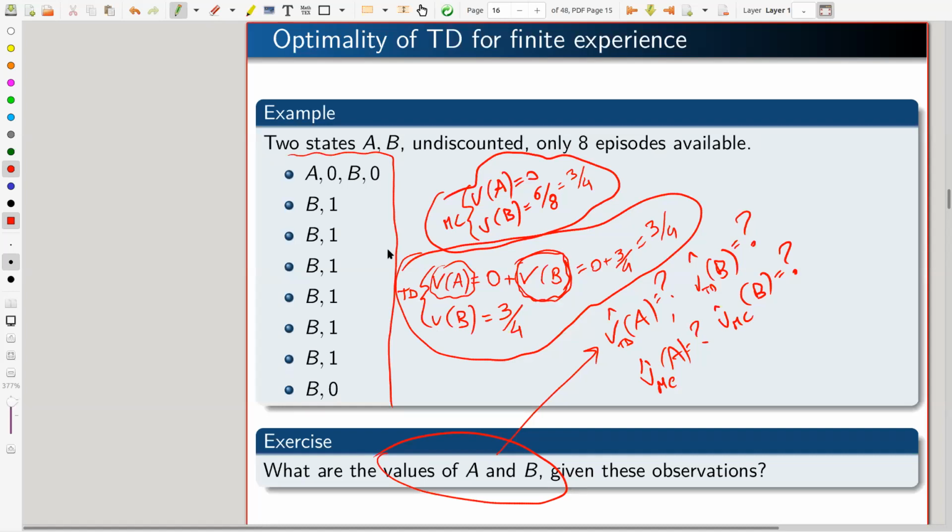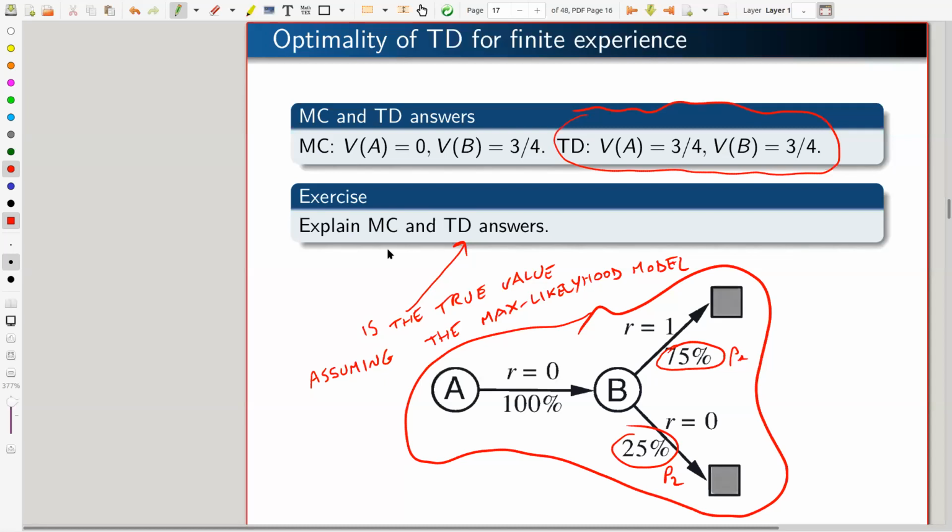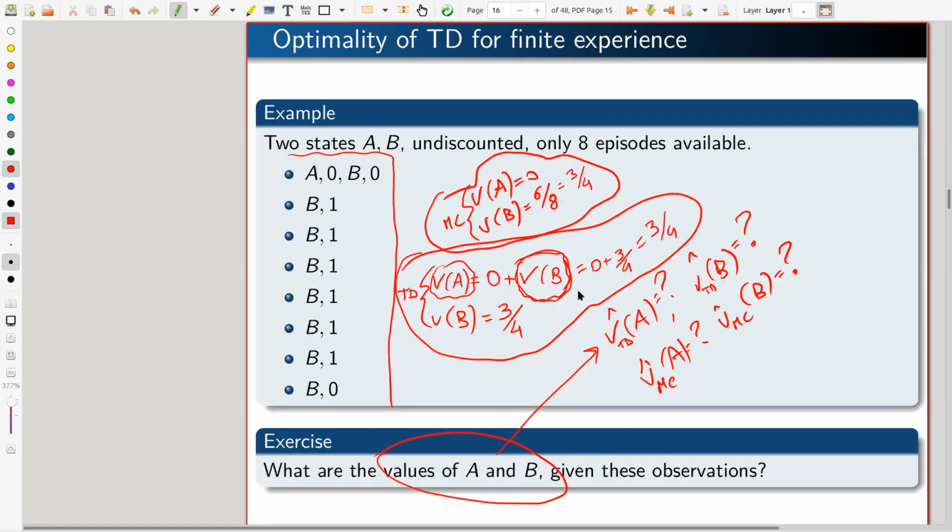I'm not sure I was clear. Okay, this is the maximum likelihood concept. If you don't know it, then probably you have some difficulty in getting this concept. But the fact is that temporal difference is building a model inside, a model which is very likely the true model, having seen only this experience.